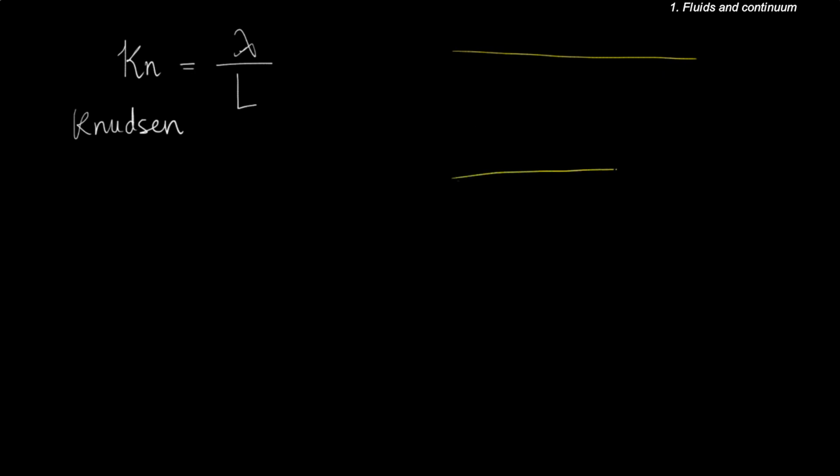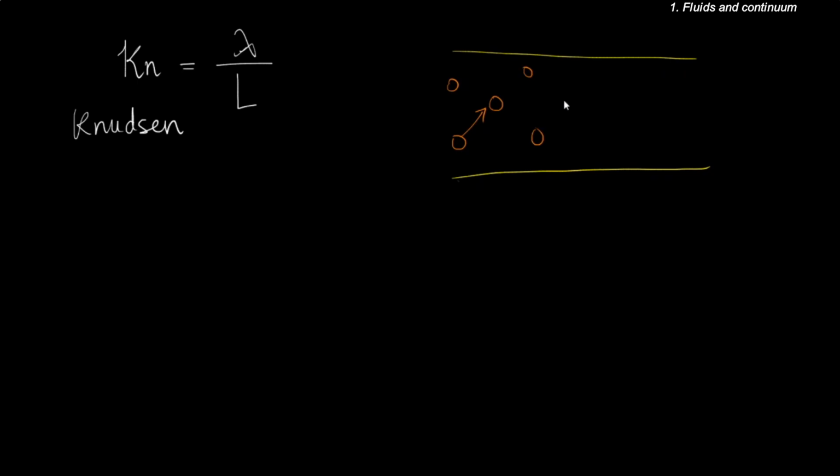Let us consider a channel like this. So if the mean free path is smaller than the channel size, then we can say that the flow is trying to lie in a continuum regime.